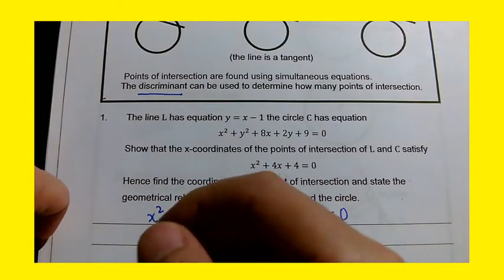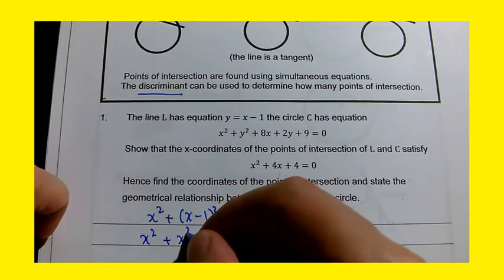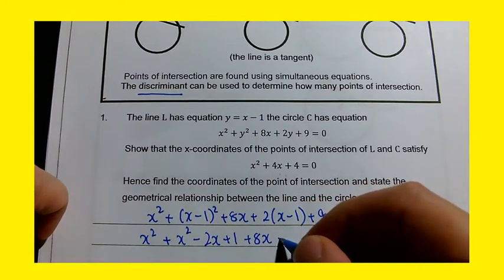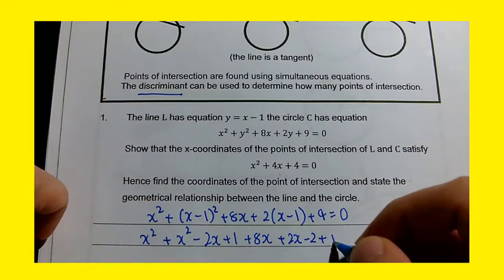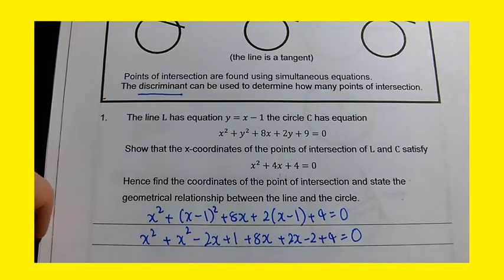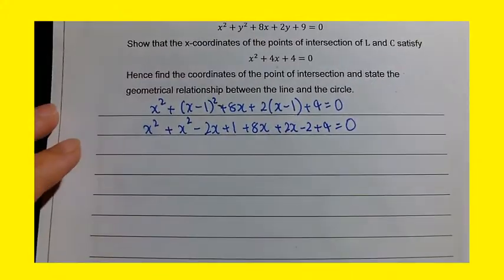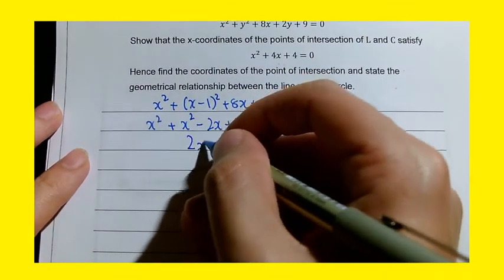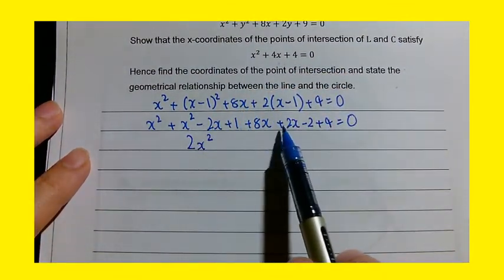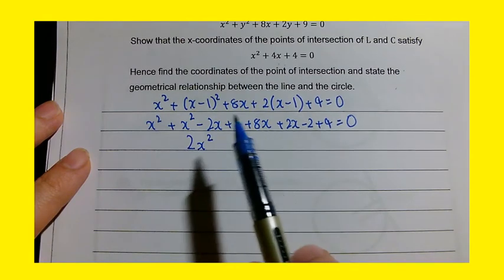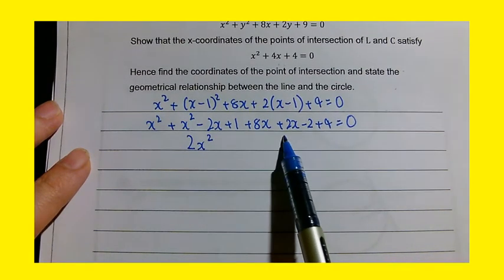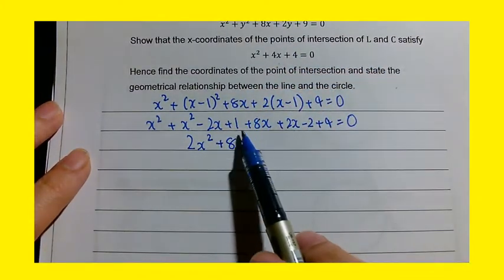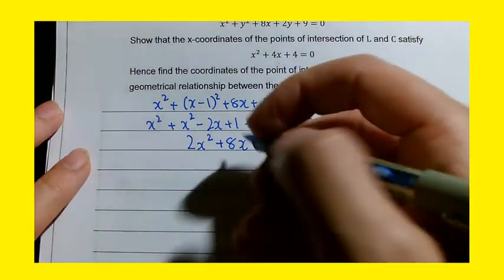Okay. Expand the brackets. So you've got x squared plus x squared, which is 2x squared, minus 2x plus 2x, which is 0x, plus 8x, and then you've got 1 minus 2, which is minus 1, plus 9, which is plus 8.